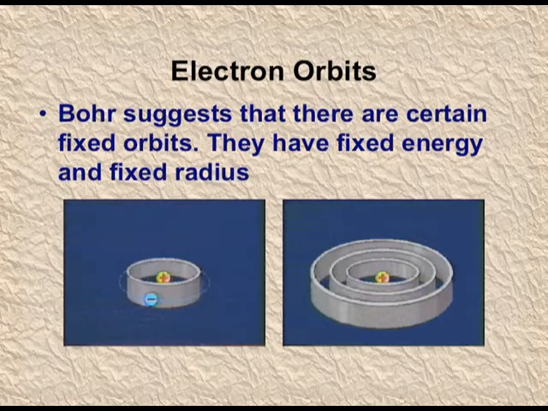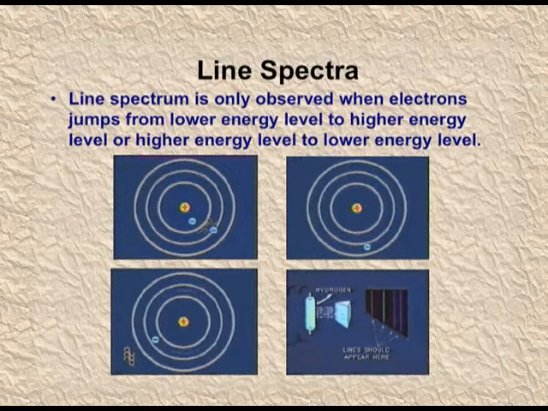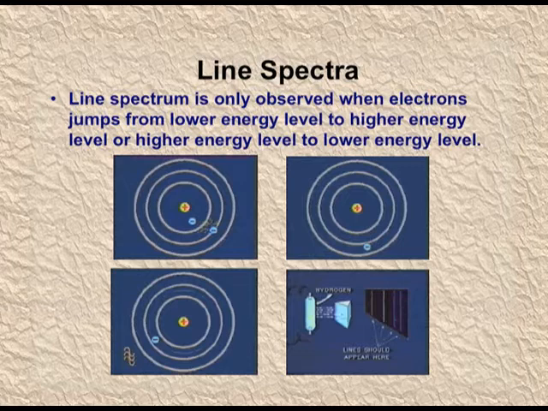They have fixed energy and fixed radius. Here in this picture, you can very well see the concentric rings. These are Bohr orbits. Line spectra is only observed when an electron jumps from a lower energy level to a higher energy level or from a higher energy level to a lower energy level.